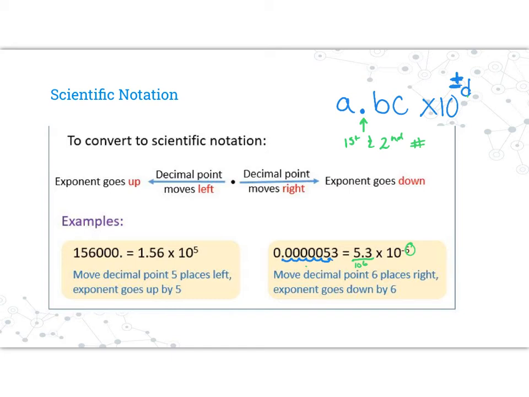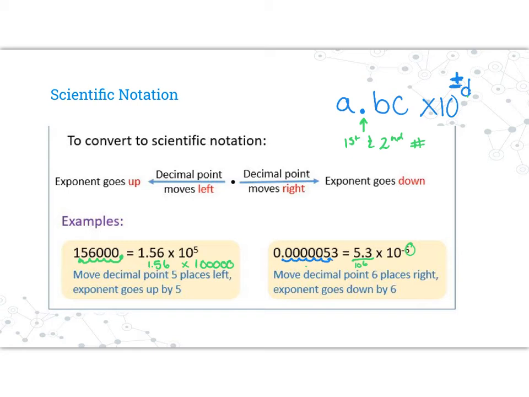Okay. Now over here, if I have 156,000, my decimal place is technically at the end of that last 0. To put this into scientific notation, we need to move it 1, 2, 3, 4, 5 times to put the decimal between the first and the second number. So my exponent is a 5, and I'm going to drop all of the zeros. 1.56 times 10 to the positive 5, because if I have 1.56, I need to multiply it by 1, 2, 3, 4, 5 to get my answer back.